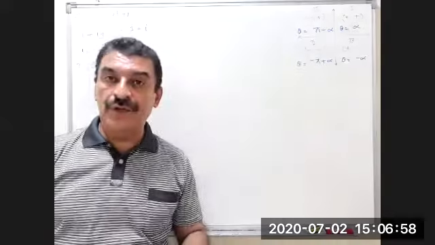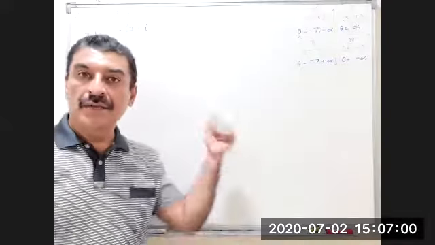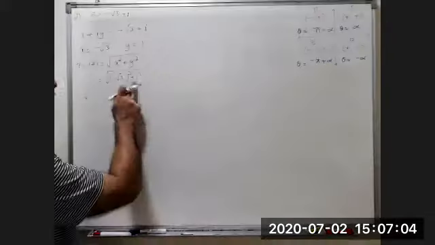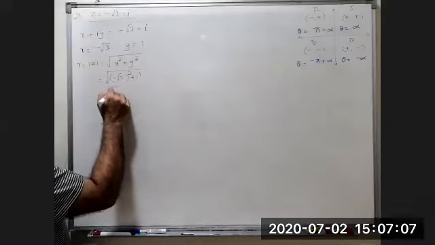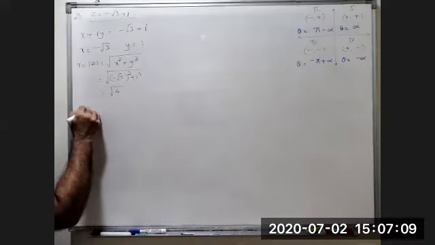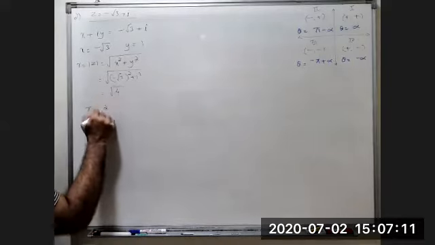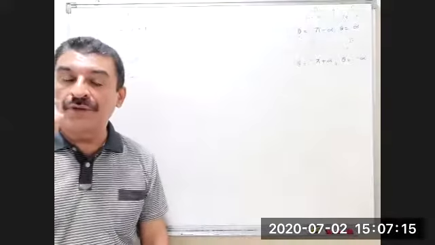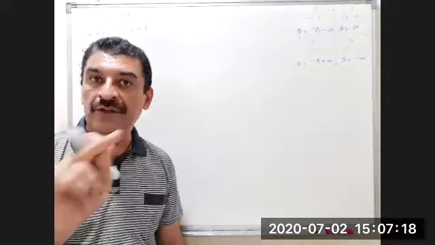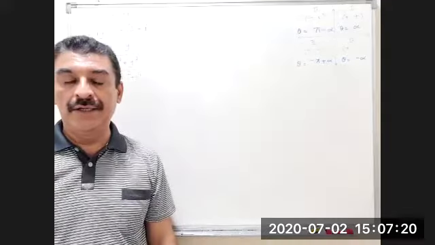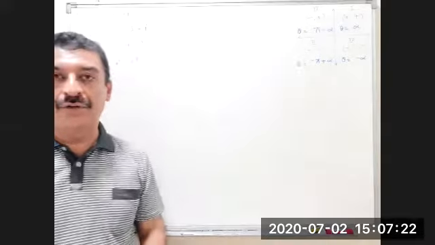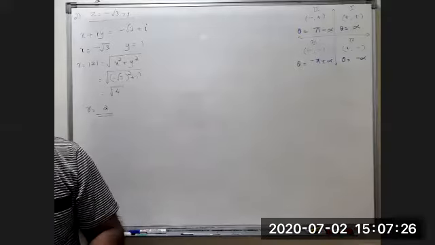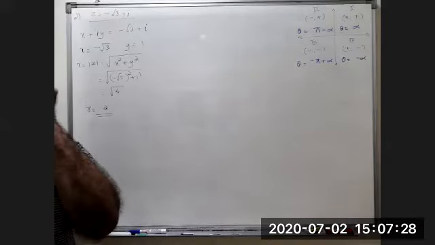Minus root 3 square is minus root 3 multiplied by minus root 3, that is 3. So 3 plus 1, it is root 4. So we got r equal to root 4, which is 2. Note that root 4 is not plus or minus 2, because we have taken the positive square root. For the positive square root, the answer remains positive. So we got r.